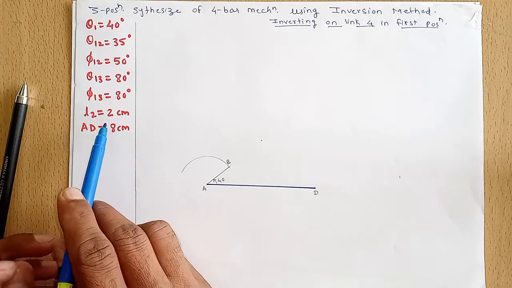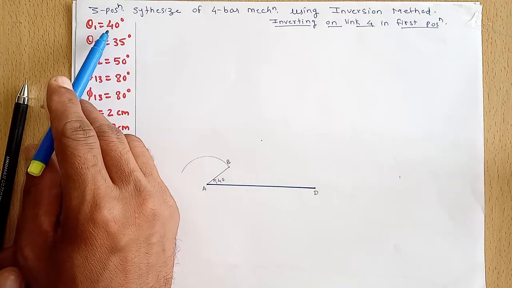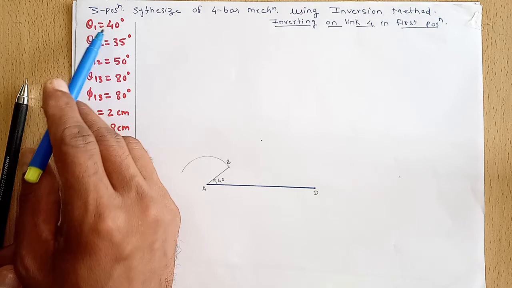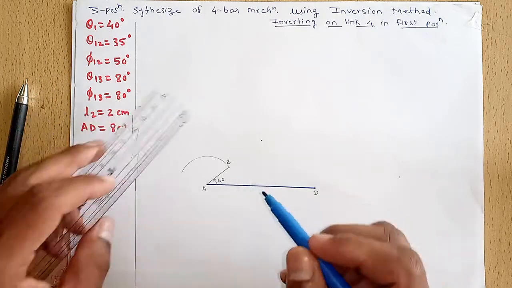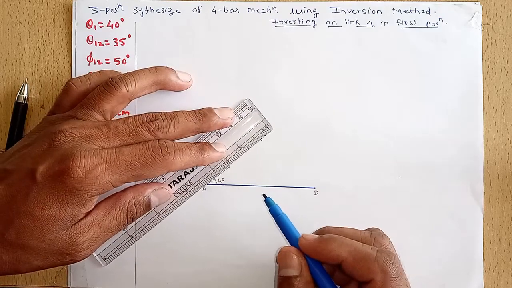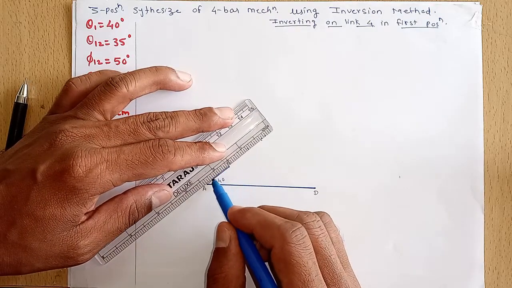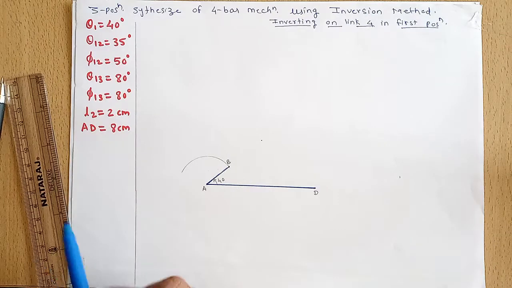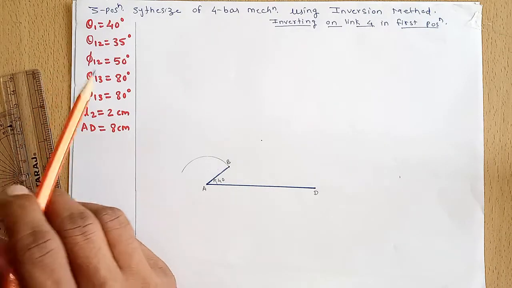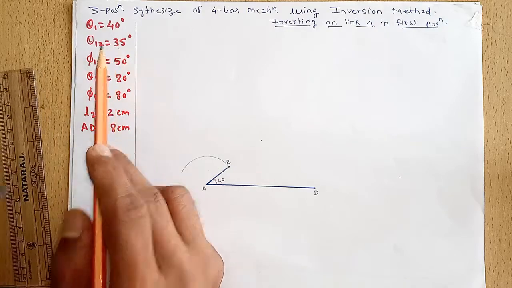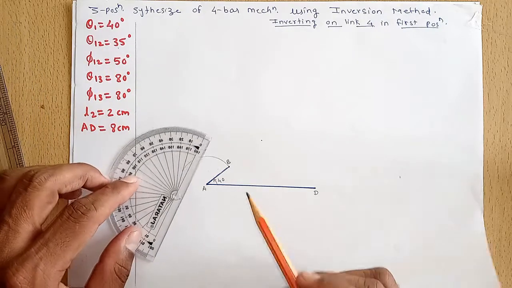Then we draw the crank of 2 centimeters in its first position, which is at 40 degrees from the fixed link. So at 40 degrees, I have drawn the first position of the crank AB. Now the angle between the first and second position of the crank is specified as 35 degrees. So we draw the second position of the crank.